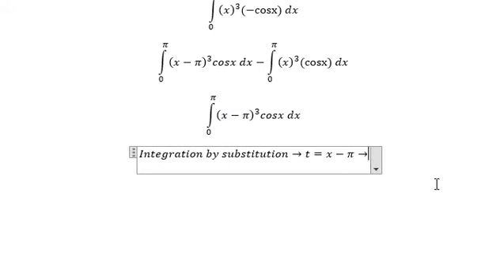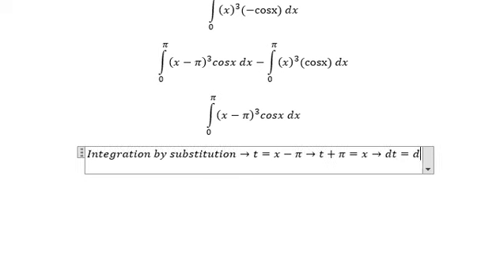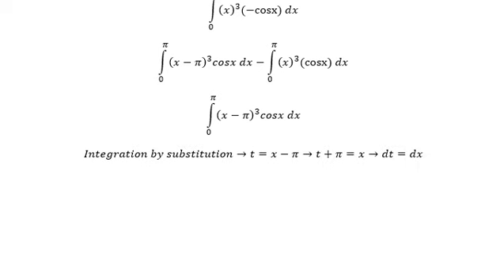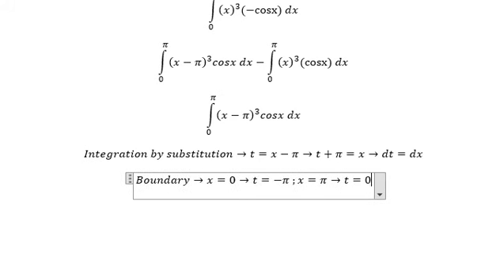Because we still have s, we put negative b on the left, and we get dt equals ds. Now we have the boundary, so we need to change to a new one. When s equals 0, t should be negative b. When s equals b, t equals 0.